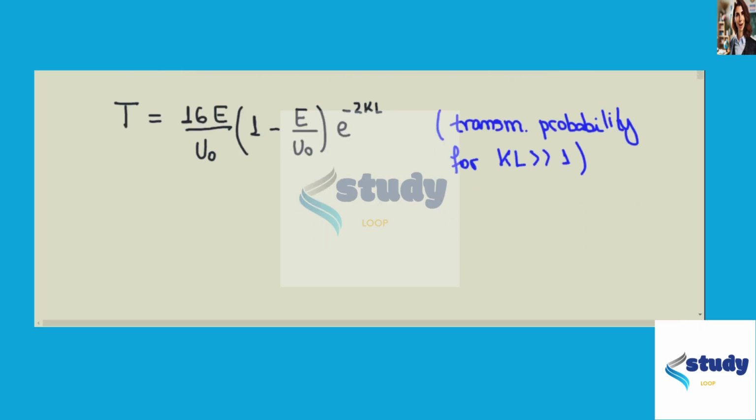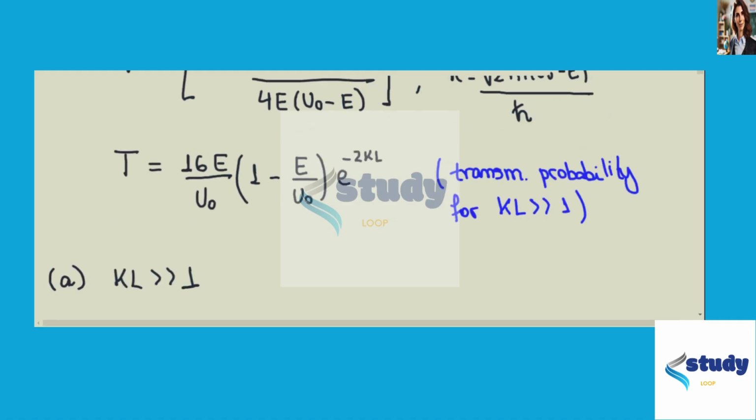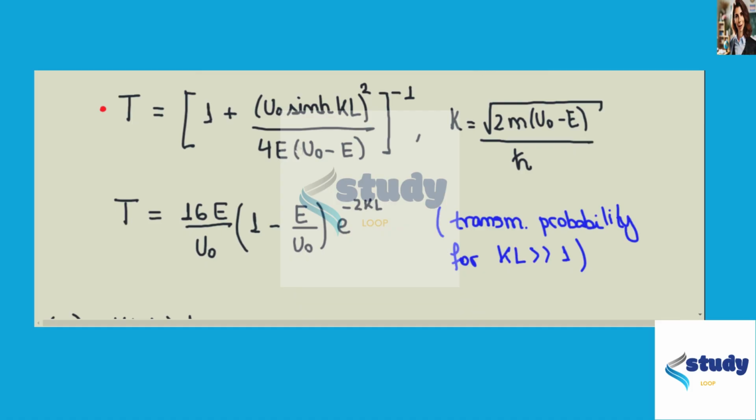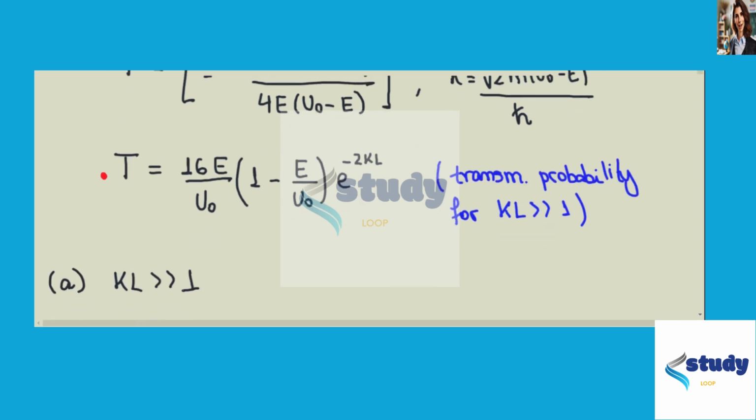In question A, we have to show that when KL is much greater than 1, the transmission probability reduces to the formula that we had before in the book. That's the second equation here on the screen. T is equal to 16e divided by u0 times 1 minus e divided by u0 times e to the minus 2 KL.